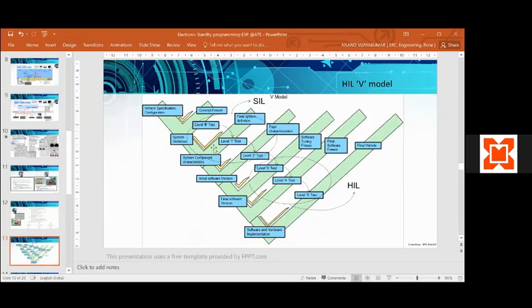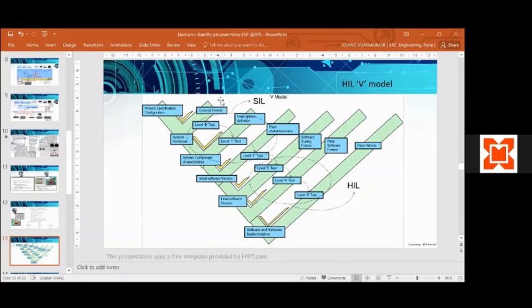And this is the typical V model of hardware-in-the-loop. What are all the key aspects of this? If you really see, there are levels of testing, and the levels are defined with respect to the maturity of the model.